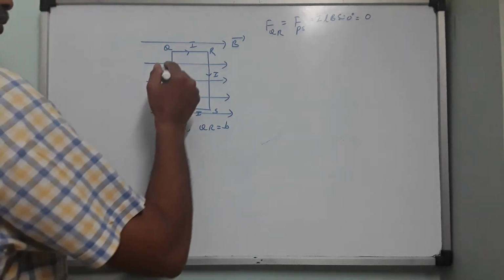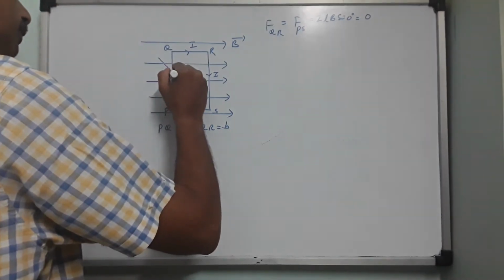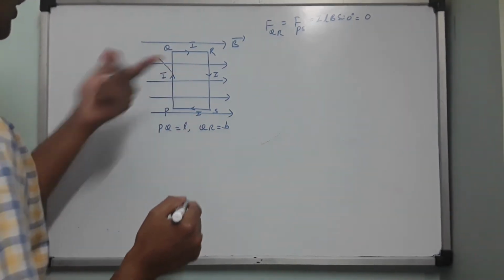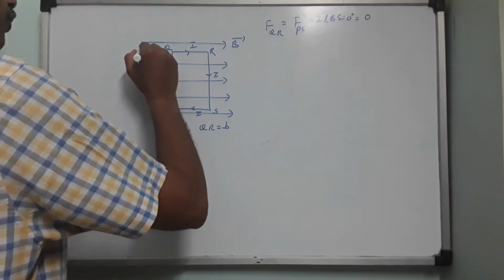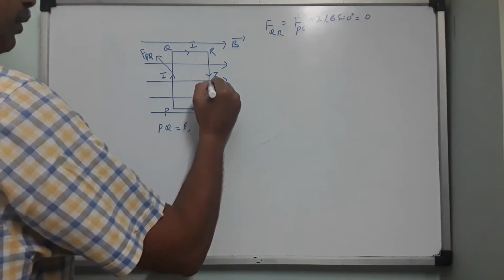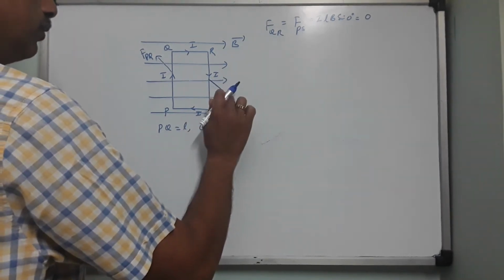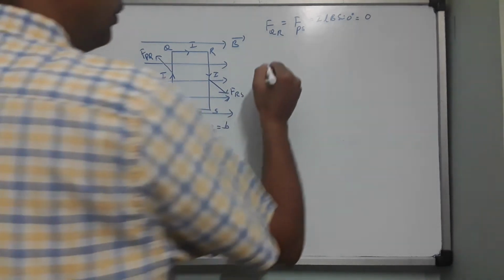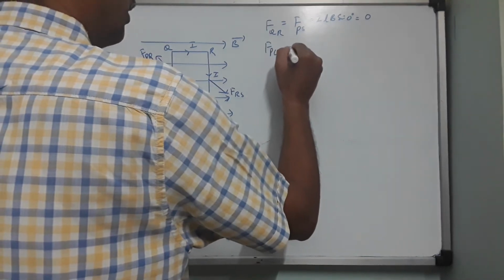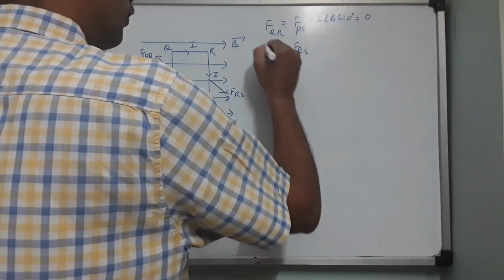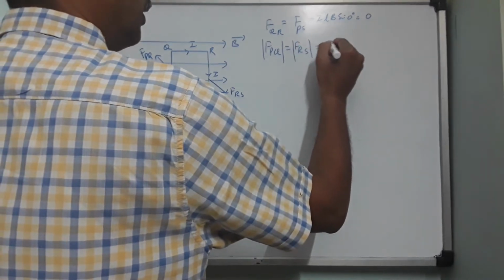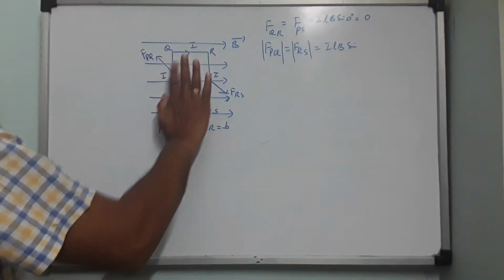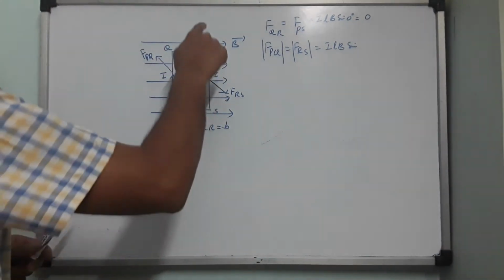Fine. And we have shown the direction of force on PQ like this. It experiences a force: four fingers point in the direction of field, the central finger points right into the plane of the board. This we have shown, F PQ. And this will be exactly in the opposite direction, so this will be named as F RS. Now F PQ equals F RS in magnitude, and we have given that this is I L B sine 90 degree, because the coil is as it is like this, current is going upward, angle is 90, and this is 180.